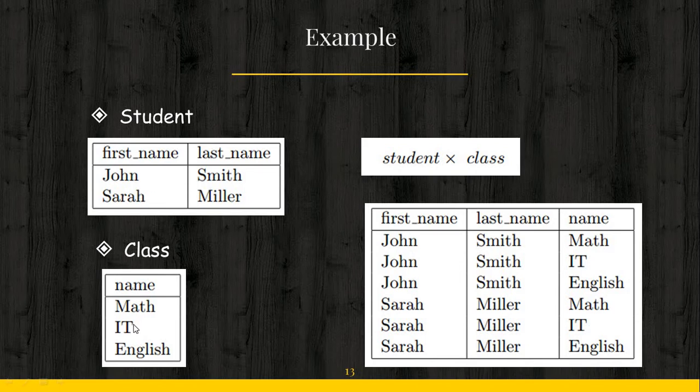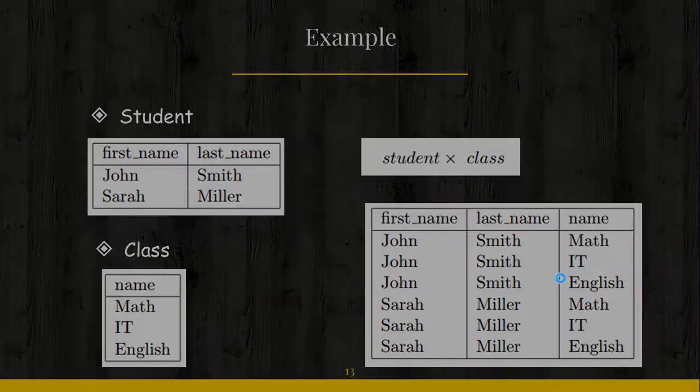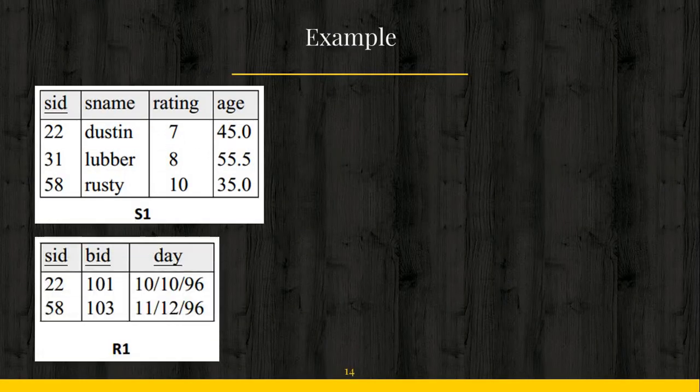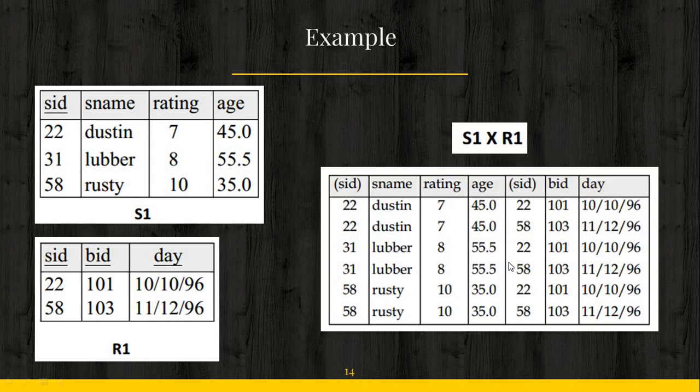Next, John Smith, IT is another row of this Cartesian product, and so on. Okay, another example. Here S1 is one table and R1 is another table. If we do the Cartesian product, then this table will appear. So this is the basic concept of Cartesian product of relational algebra.